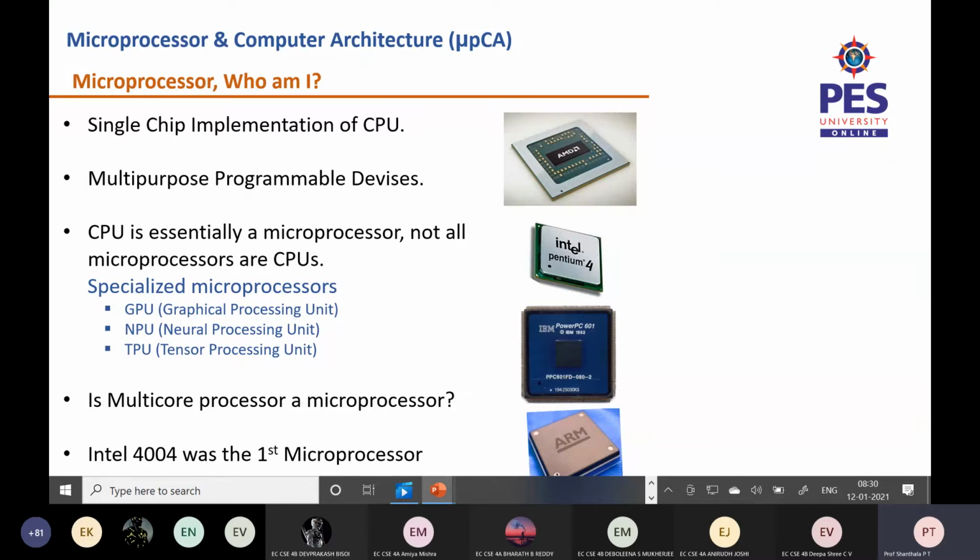So what is the task of these microprocessors? See, these microprocessors are used for some special purposes. CPU is common, it will be there in all the computers.